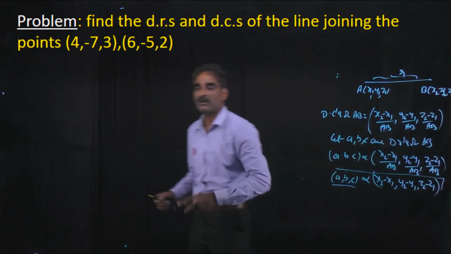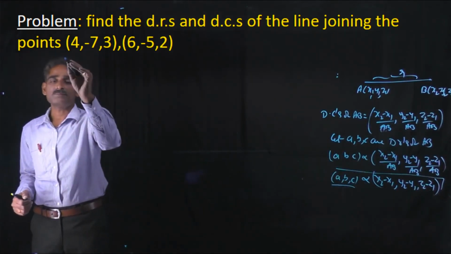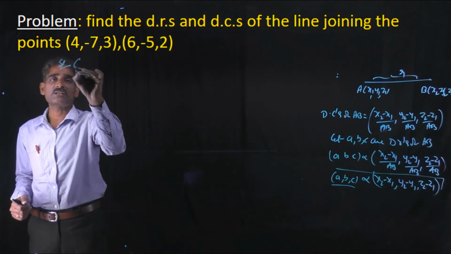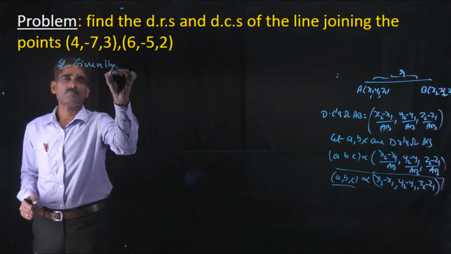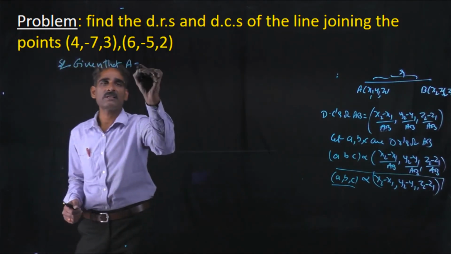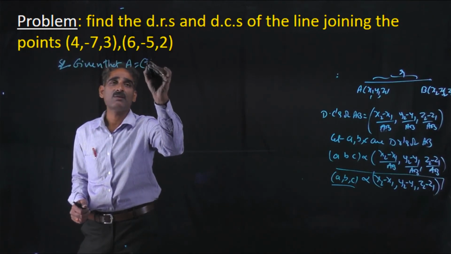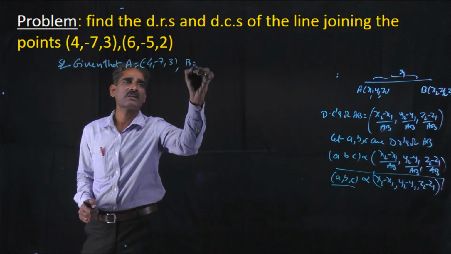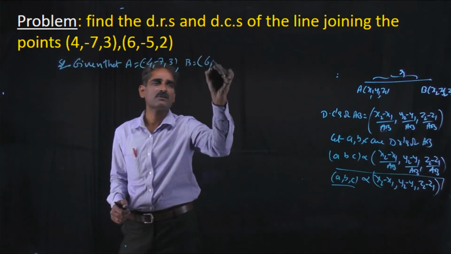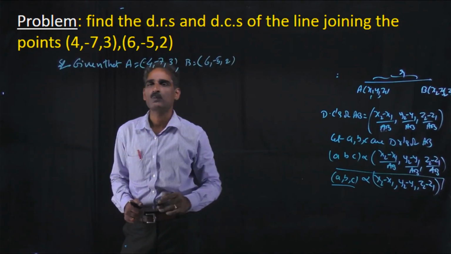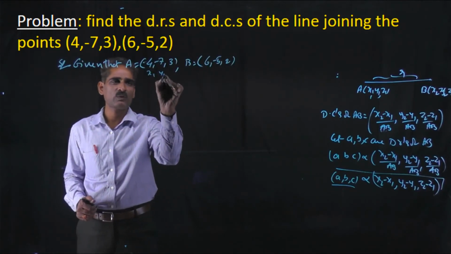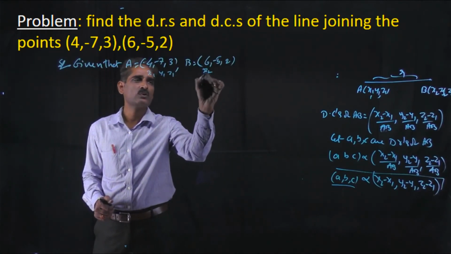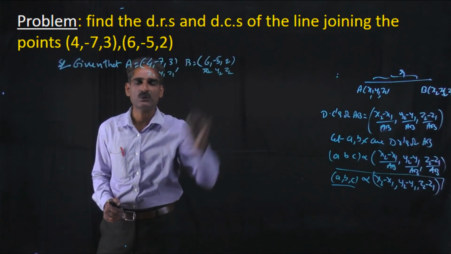Now come to the problem. We have been given: let us take the first point A (4, minus 7, 3) and the second point B (6, minus 5, 2). Let us take these as x1, y1, z1 and x2, y2, z2.